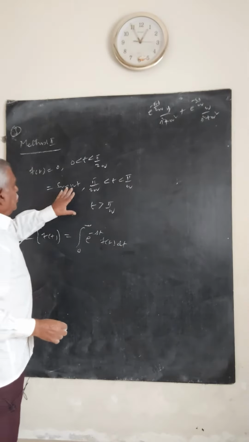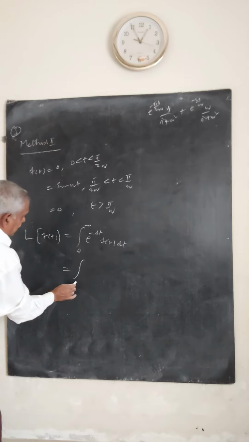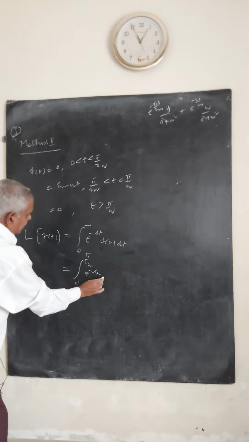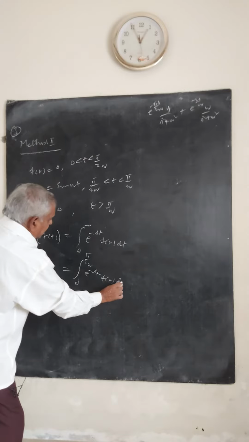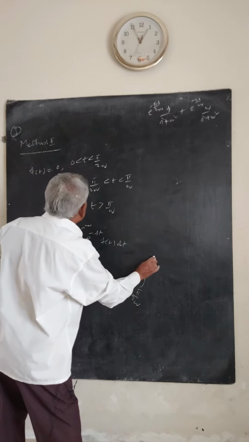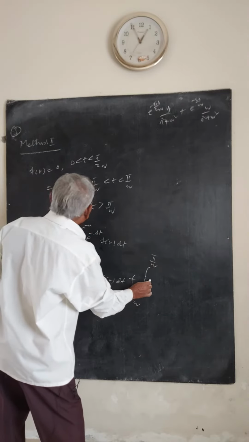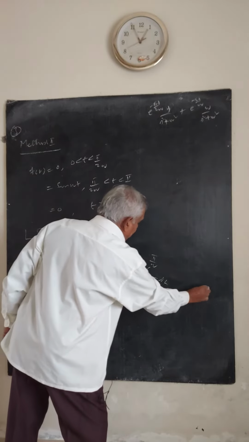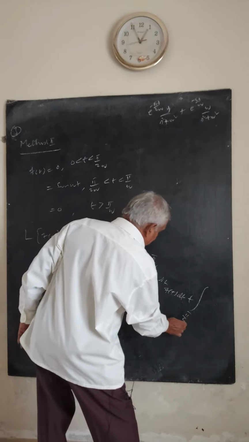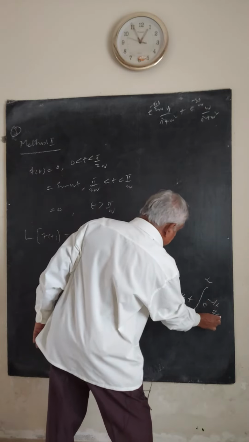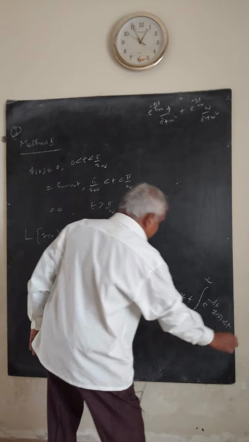We are splitting into 3 parts: 0 to pi by 2 omega of e power minus st f of t dt, plus pi by 2 omega to pi by omega of e power minus st f of t dt, plus pi by omega to infinity of e power minus st f of t dt.